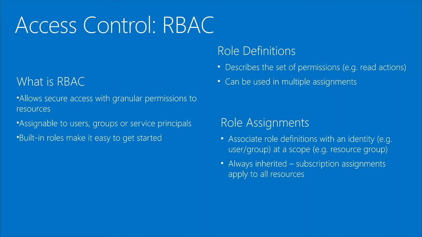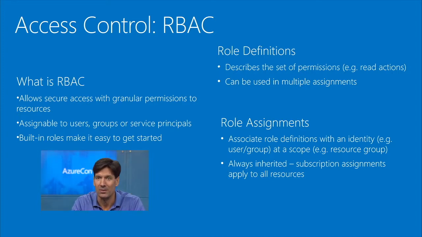And the types of actions that we're talking about include things like modifying, reading, updating, and actions that are specific to the resource type. Reading is something that's pretty universal. So the reader role definition would say, anybody that's a member of this role can read from the objects that that role is assigned to.